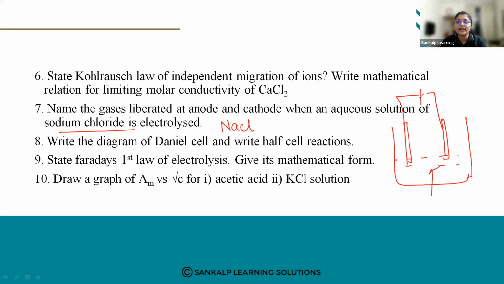So upon passing the electric current, what are the gases liberated at the anode and at the cathode? And which is the electrolyte? NaCl is taken. At anode, what will get liberated?